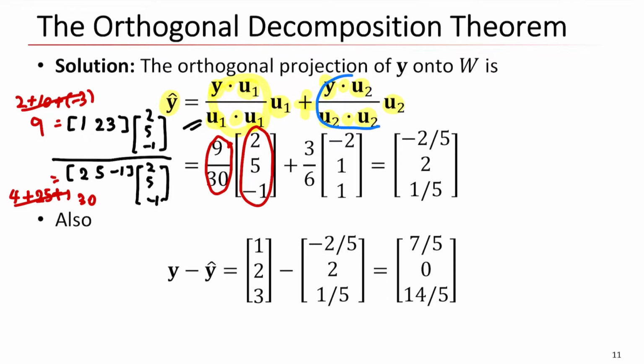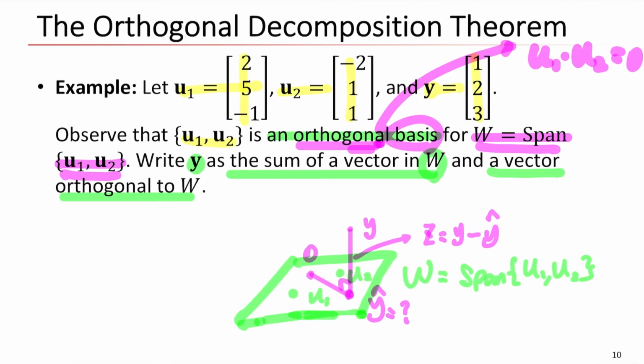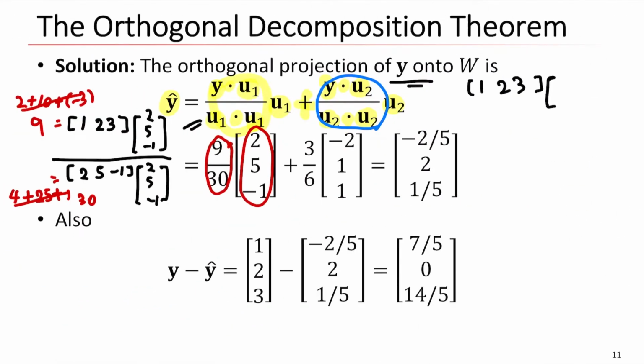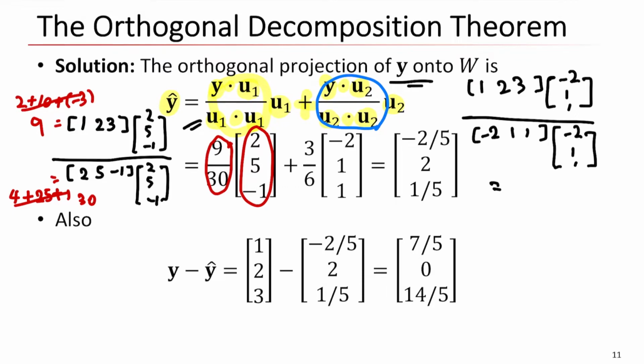What about this? y is equal to 1, 2, 3, and u2 is equal to negative 2, 1, 1. So in this case, negative 2 plus 2 plus 3, and 4 plus 1 plus 1 here.